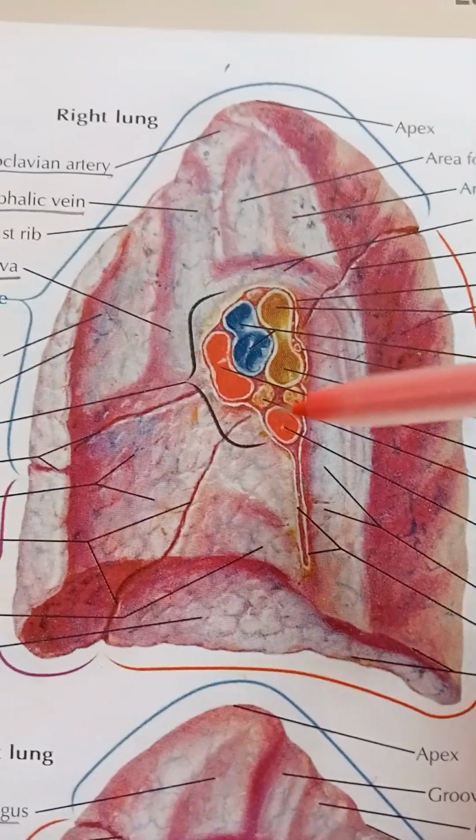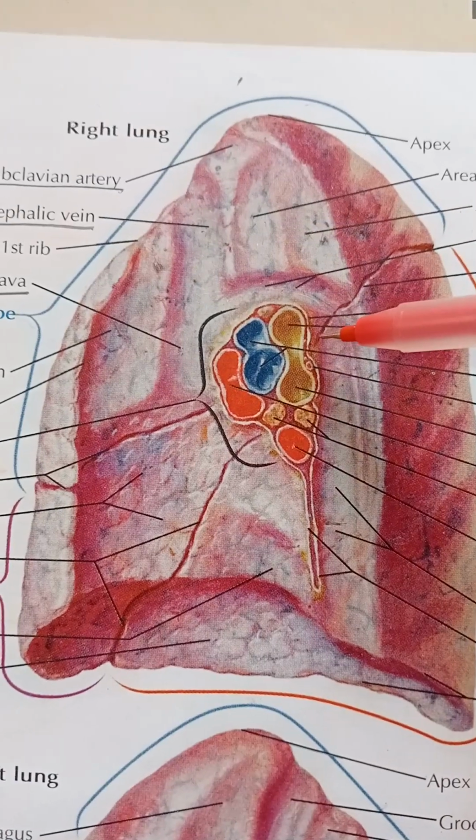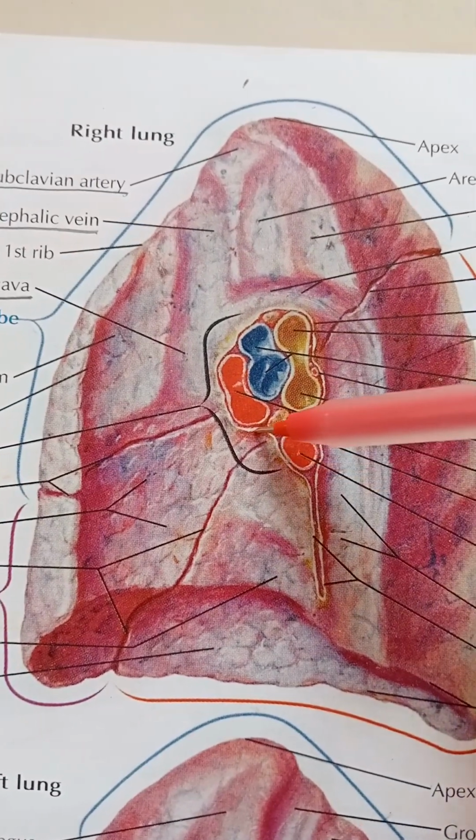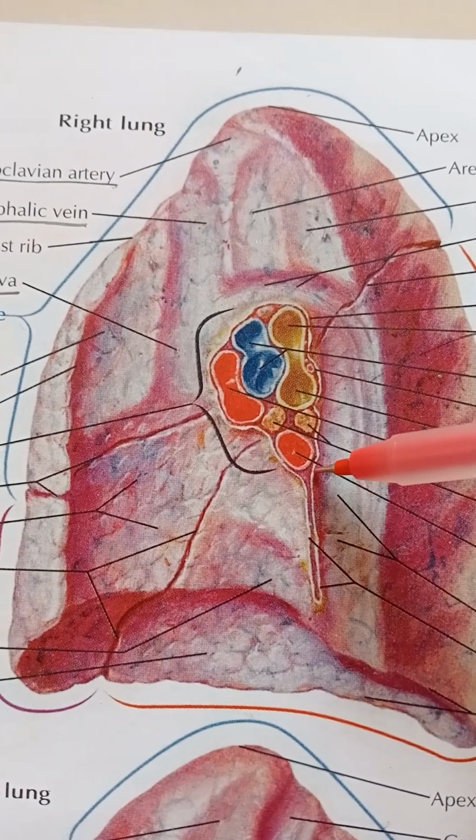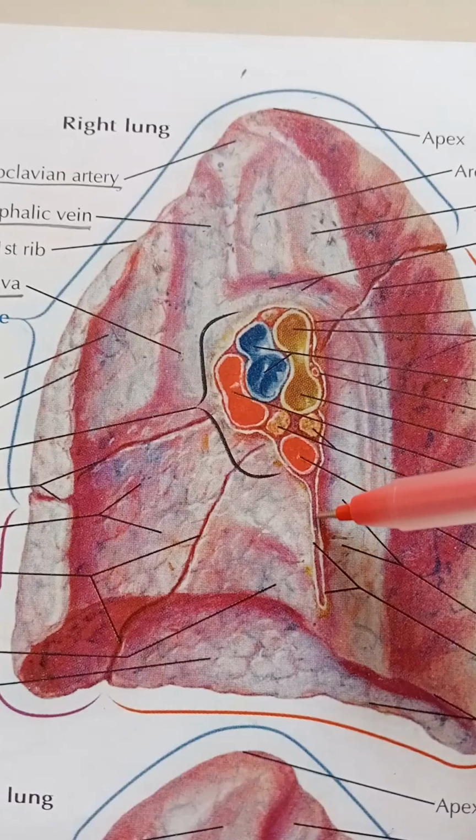We know the two layers of the pleura, parietal and visceral pleura, are continuous with each other at the root of the lung, and they are also continuous with each other at the pulmonary ligament.